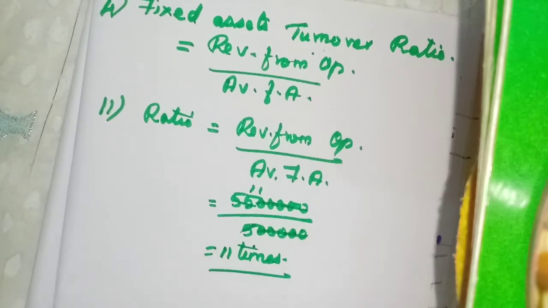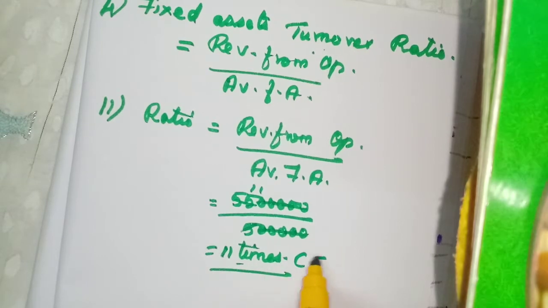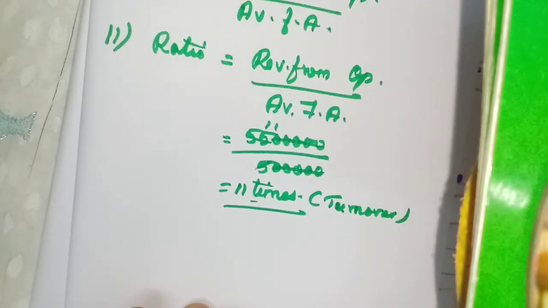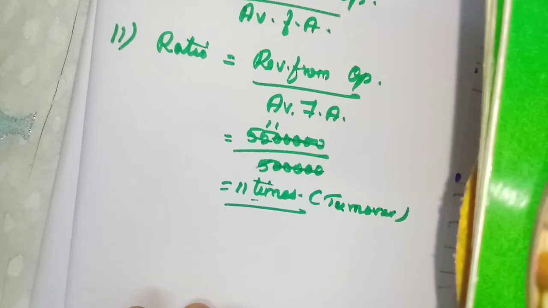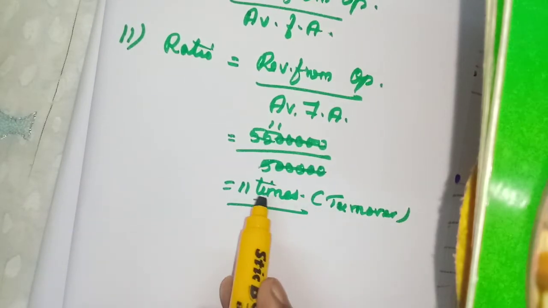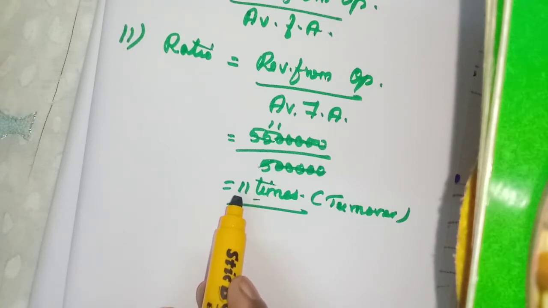They may ask for 1 mark which ratios will be calculated in times. The turnover ratios. Turnover, T for times, that you have to remember. The first two ratios, liquidity ratios and long-term solvency ratios, are in proportion, in ratio form, a mathematical expression.